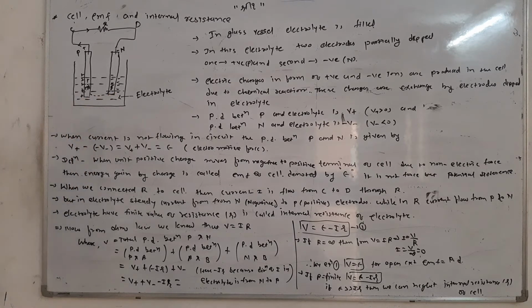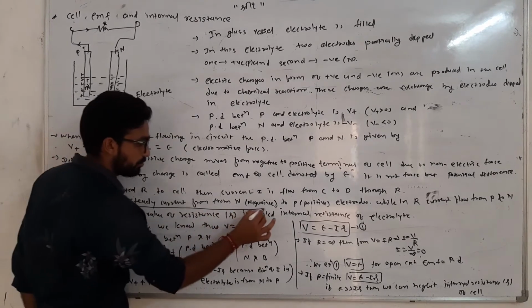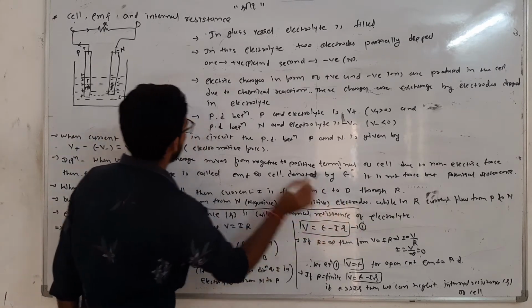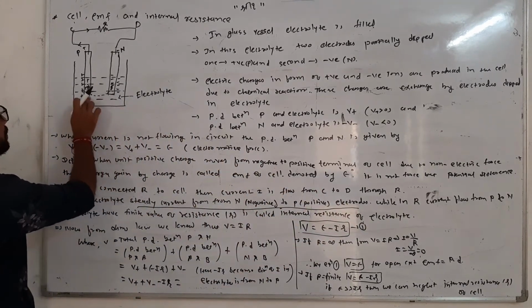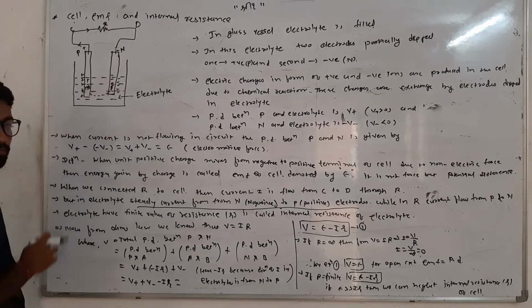So there will be the opposite direction of the electric current when we connect the external resistance to this cell. At that time, the steady current flows from N to P in the electrolyte, but in the external circuit it is P to N.